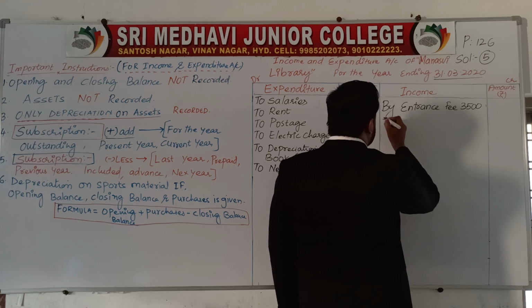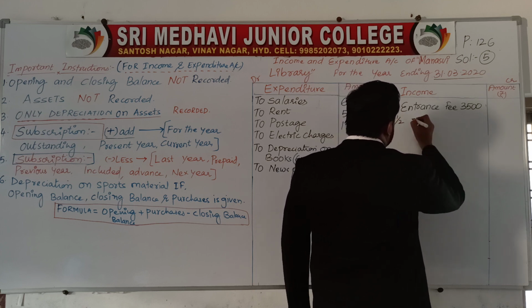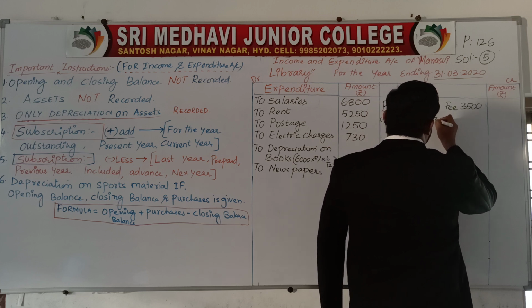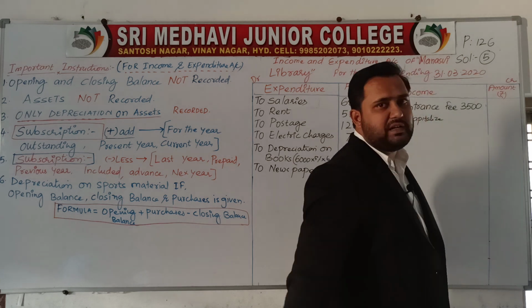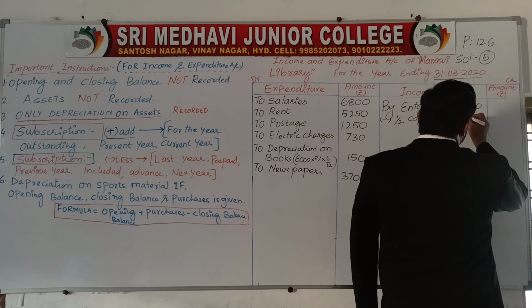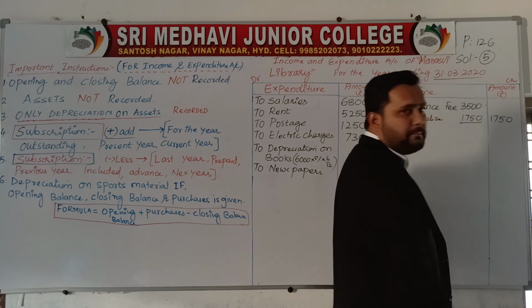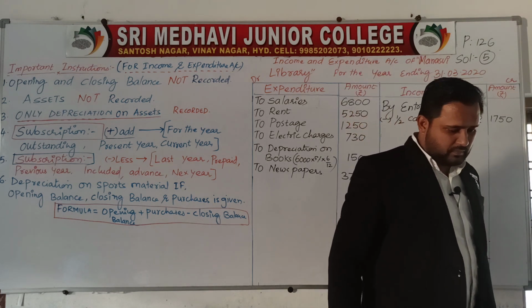Here minus half capitalize. So half of the 3,500 is nothing but 1,750. So in the outer column 1,750.